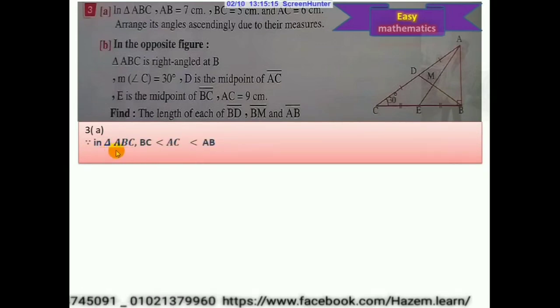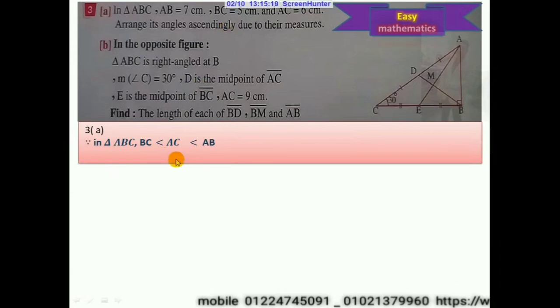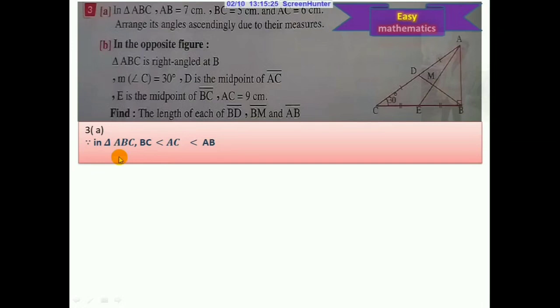Since in triangle ABC, we must start with the smallest one, BC smaller than the second one, AC smaller than AB. Now we can arrange their angles in ascending order also. How?